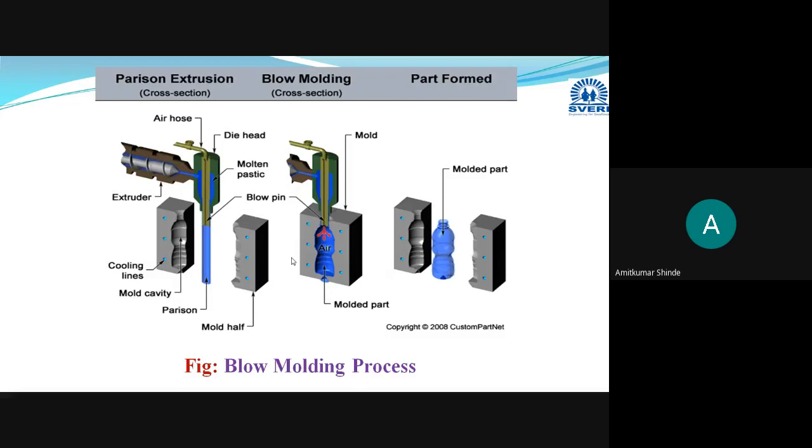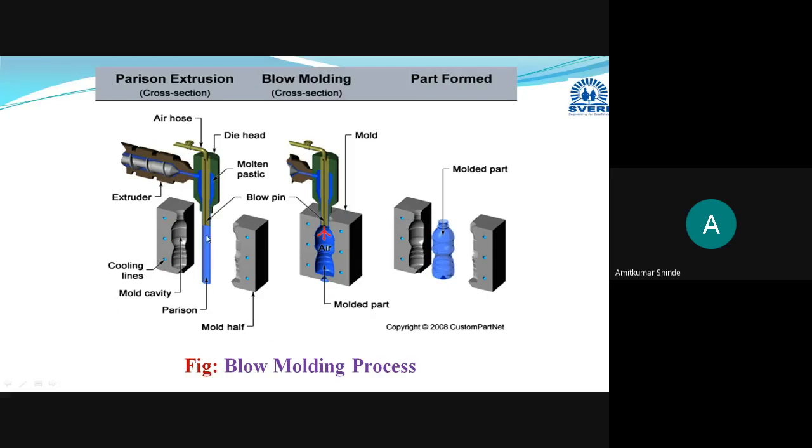Now I will explain this blow molding process practically. Here this is the blow molding process, and here we have manufactured a plastic bottle. This is the end product, the finished product or molded part. Now how is this process started?